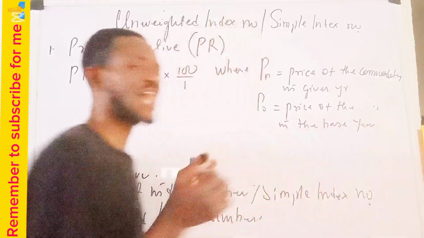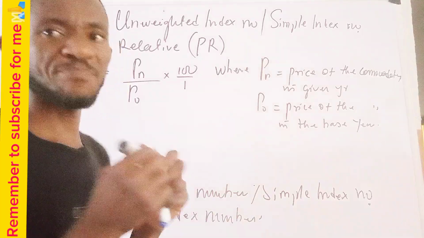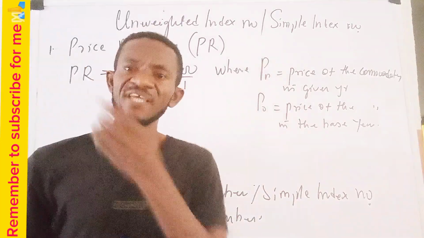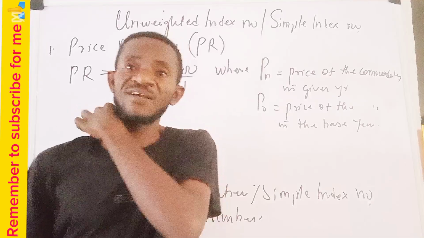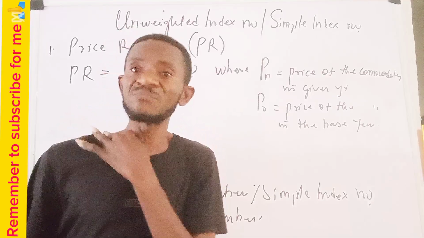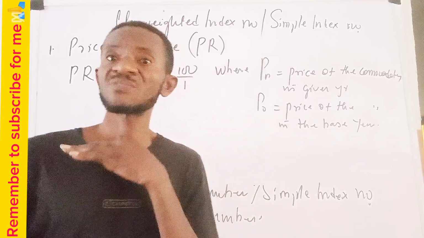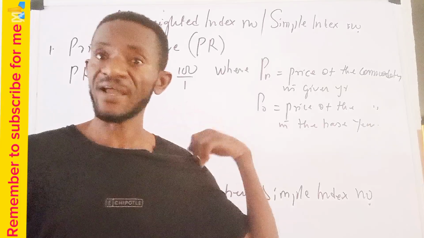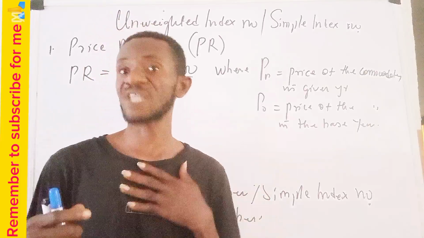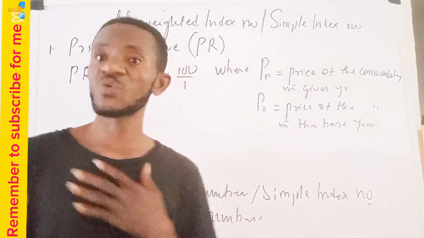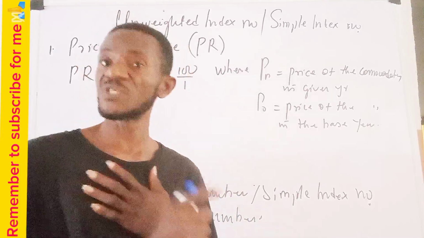That is to say that we might know that the price of a chewing gum in 2000 is 10 naira, and the price of chewing gum in 2025 becomes, say, 50 naira. 50 naira is what we refer to as P subscript n, being the price of the chewing gum in the given year, 2025.